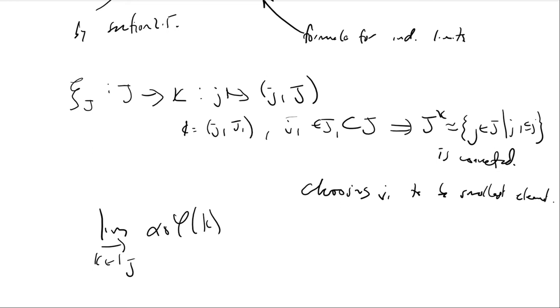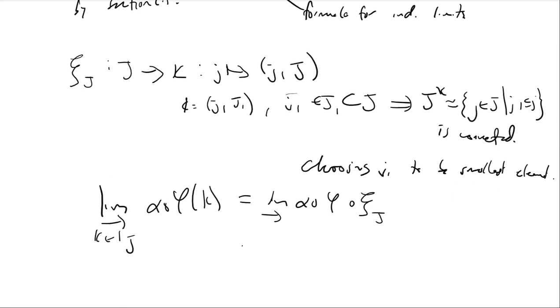But from the previous part, this is, of course, the same thing as the limit of alpha composed with phi composed with Cj, but this guy is, of course, the limit of alpha sub j, just by definition, which is what I wanted to prove. So we're finally finished. Whew!